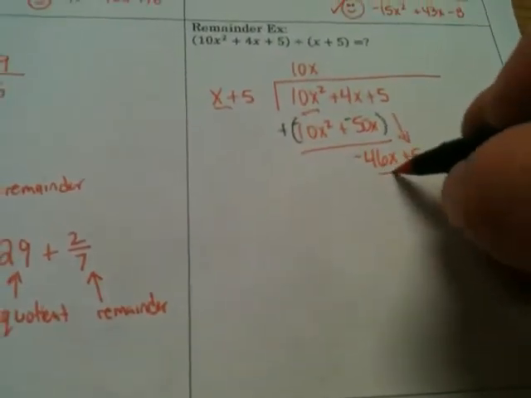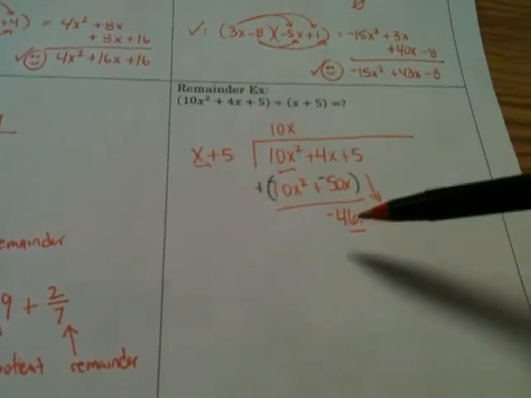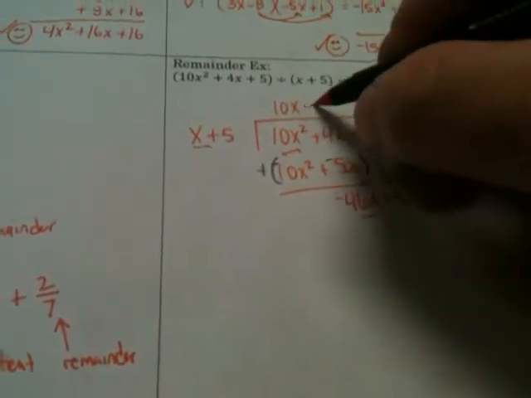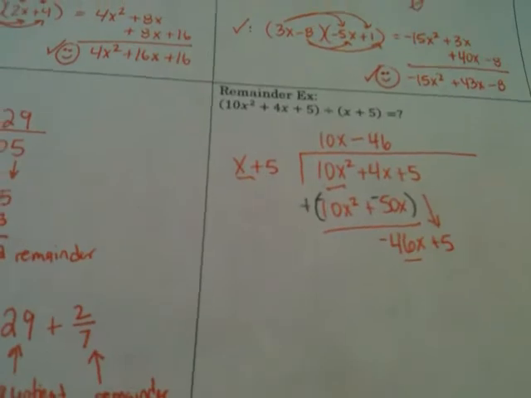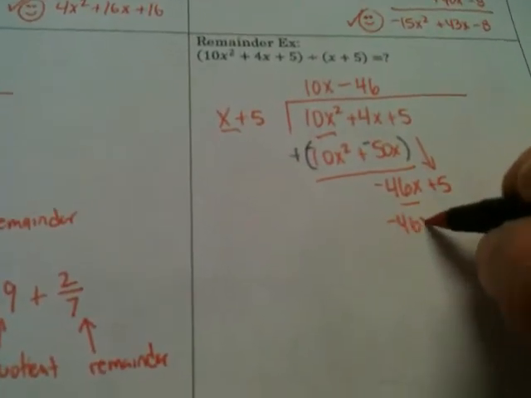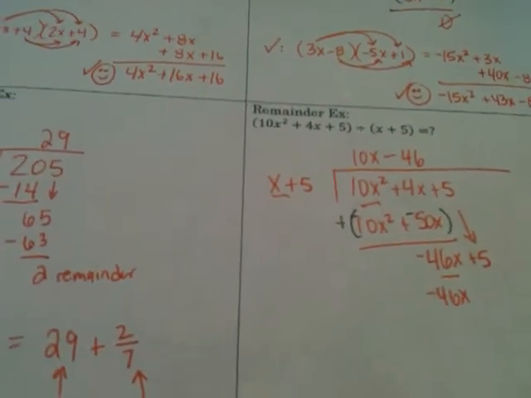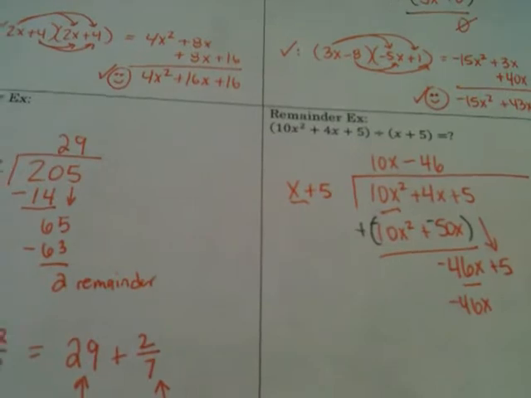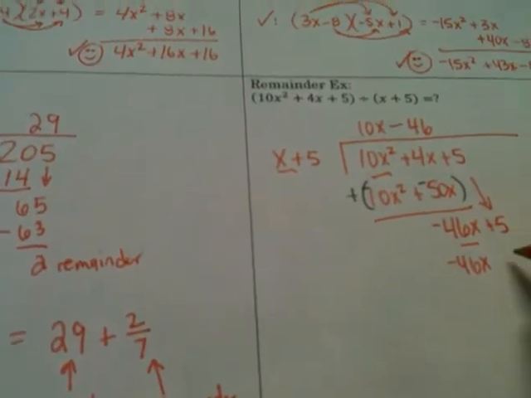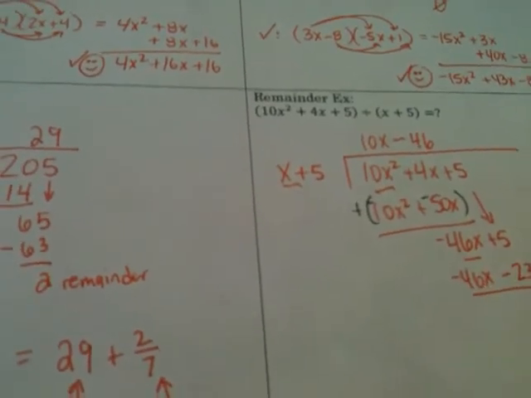So we check the first term here, x, and the first term here, negative 46x. What do I multiply the x by to get negative 46x? Well, how about a negative 46? Negative 46 times x is a negative 46x. Negative 46 times 5. Well, that's a pretty big number, but 46 times 5 gives me 230, so it's actually going to be a negative 230 here.